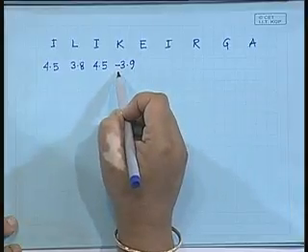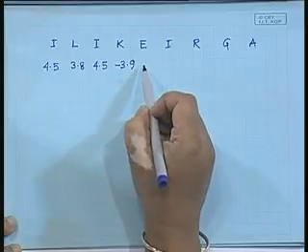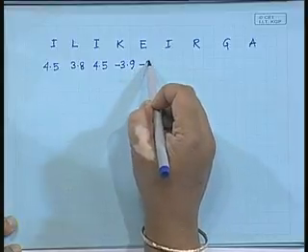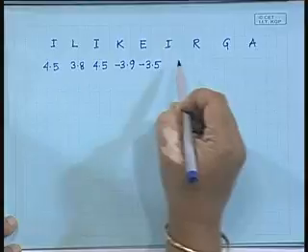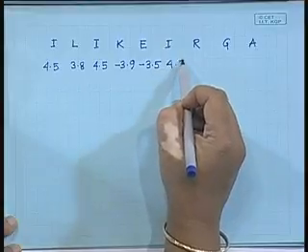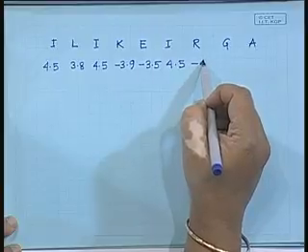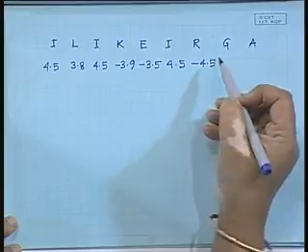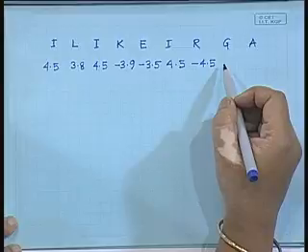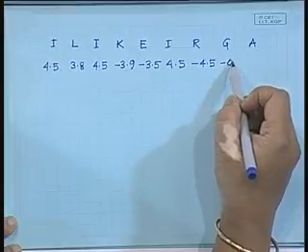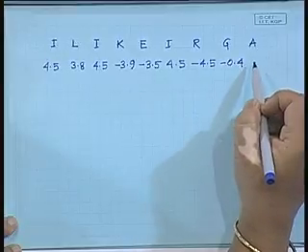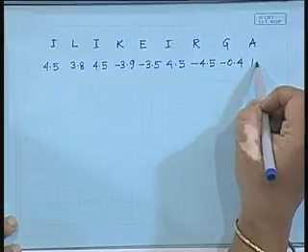Because it is hydrophilic in nature. Glutamic acid is minus 3.5, isoleucine is 4.5, arginine is minus 4.5, glycine is minus 0.4 and alanine is 1.8.